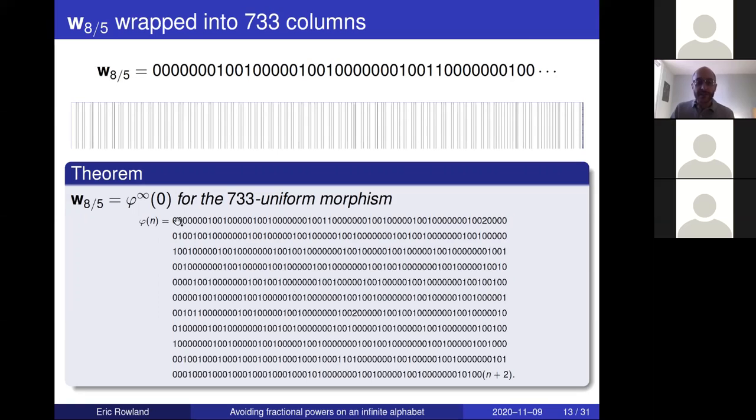But on the other hand, it's a word on 0, 1, and 2 of length 732, followed by n+2. So yes, it's complicated in the sense that you have to specify 732 pieces of information or something like that. But in some sense, it's simple in the sense that the morphism phi replaces n with some constant word followed by n+2.